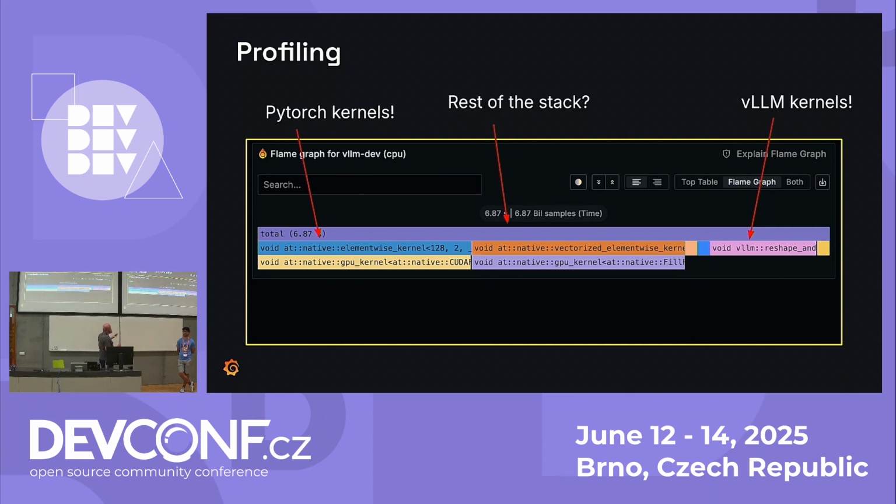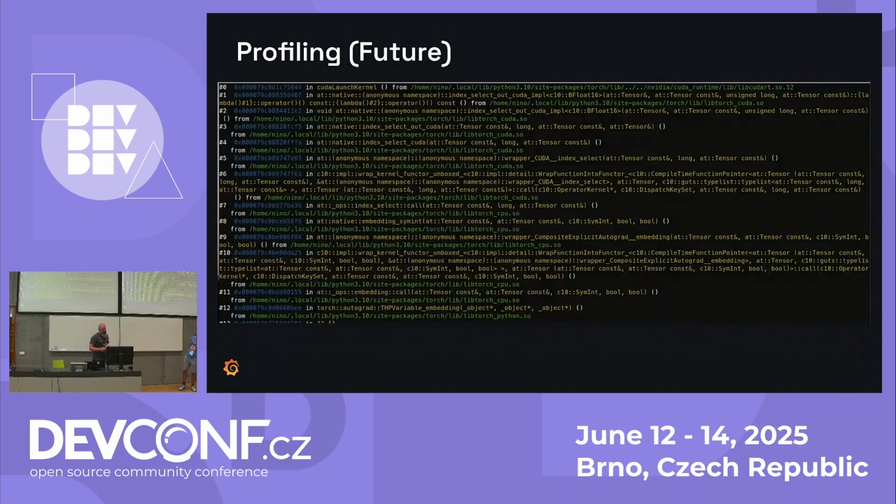But we have a problem because we are missing the rest of the stack. This is because we are using frame pointers, and during compile time the rest of the stack is gone because we did frame optimization. This is how we envision that we would like to see the whole profile.